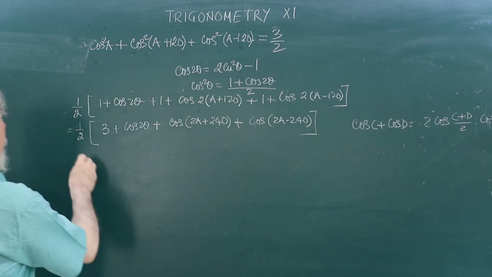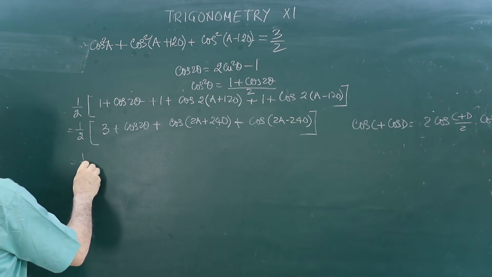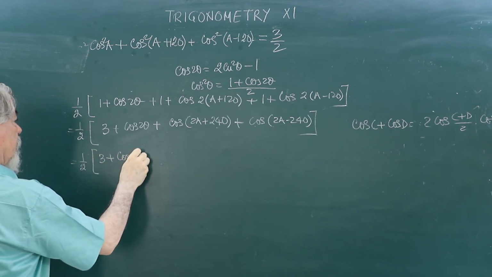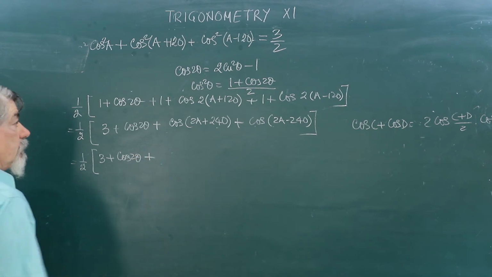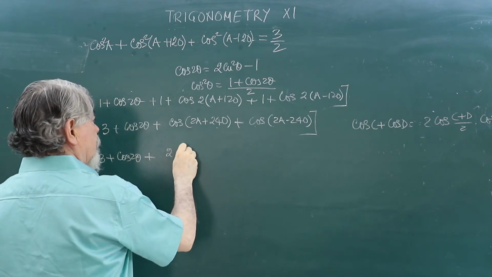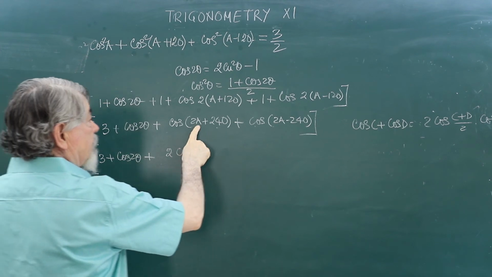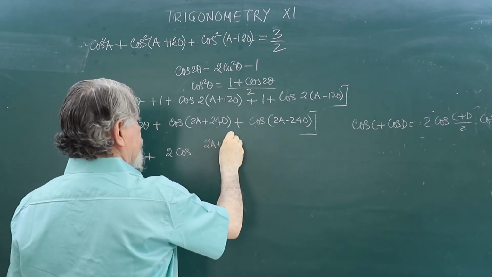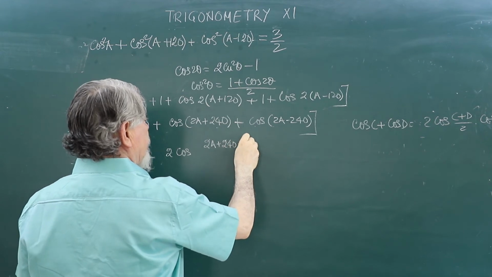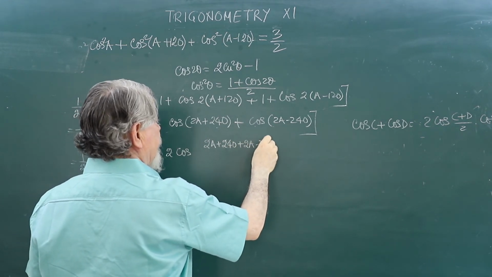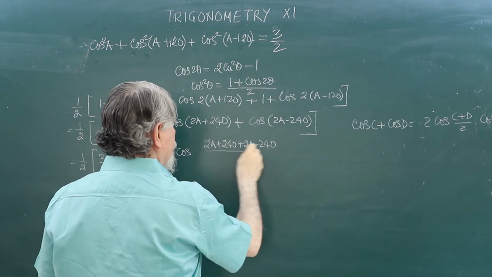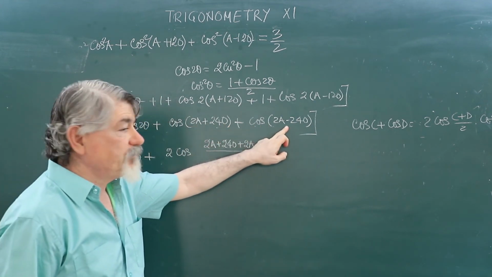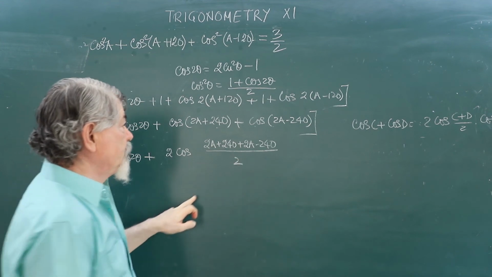With this, we'll get 1 upon 2, 3 plus cos 2A plus 2 cos, let us add C plus D, 2A plus 240 plus 2A minus 240 upon 2, cos C plus D upon 2.